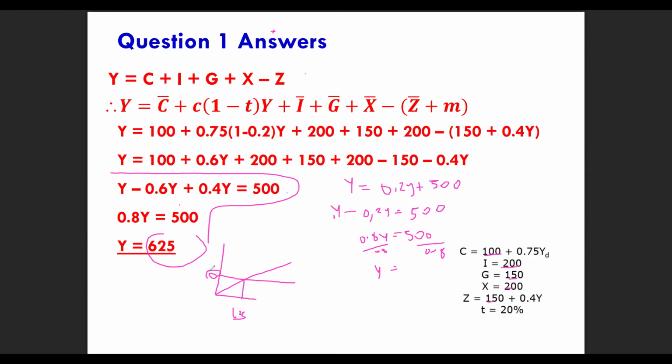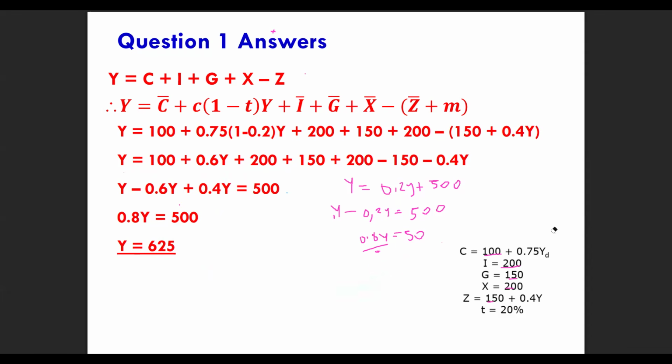Then you write here the amount. I think it's 500. Let me just see. 100 plus 200 plus 150 plus 200 minus 150. Yeah, it's 500. So yeah, we are done.